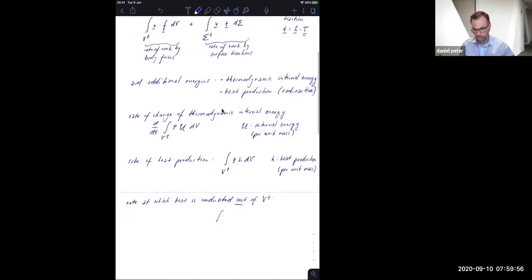That would be a surface integral going out of the surface, normal dotted with this capital H vector, and the capital H is the heat flux.